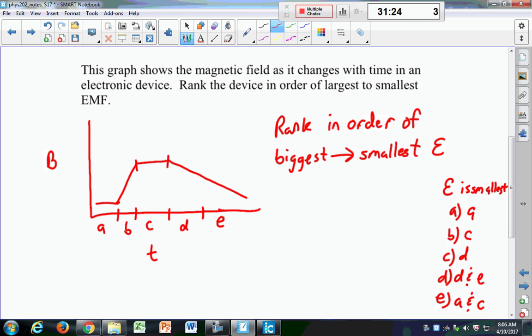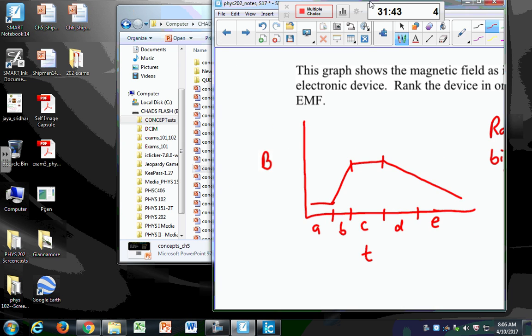This is my magnetic field with respect to time. Section A right here, section B, section C right here, this is D and this is E. I want to know the biggest to the smallest, but as a clicker question, let's just tell me which. Oh, has the clicker thing been going this long? Okay, well, we'll just use it.